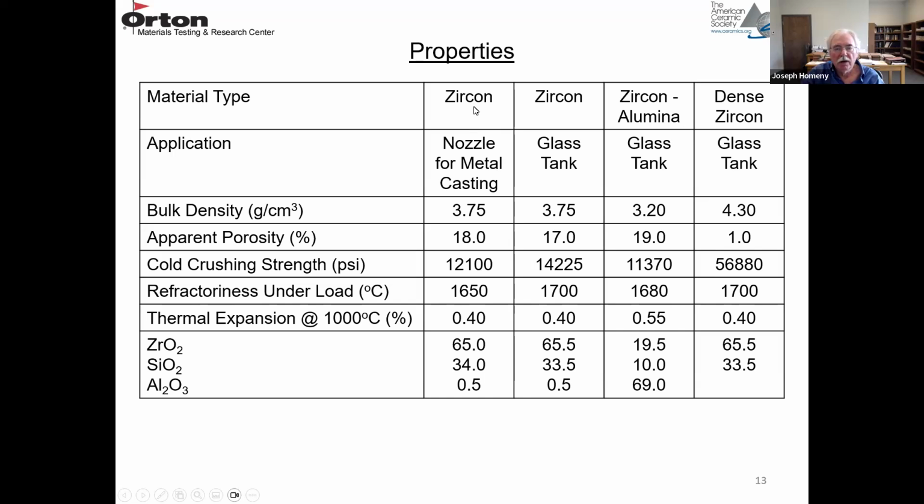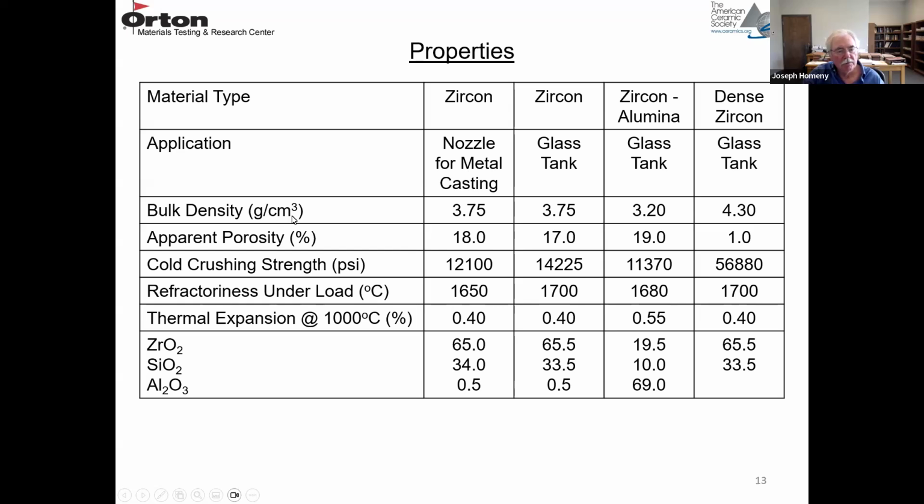So here's a zircon, another zircon. This is one that has excess alumina. Here's a zircon alumina refractory, and this is a very dense zircon. So some of these are used in glass tanks in contact with glass, and some of these are used for special applications like nozzles and tubes for metal casting.